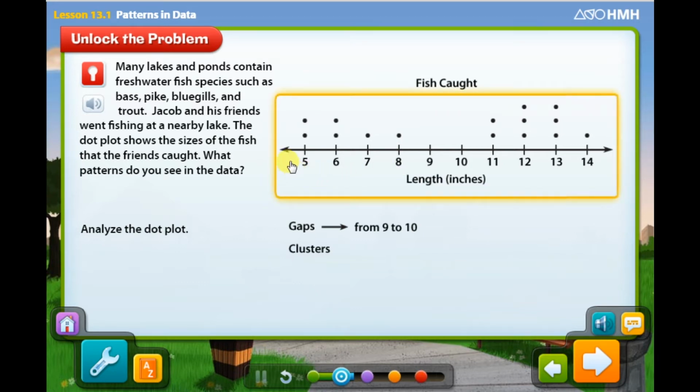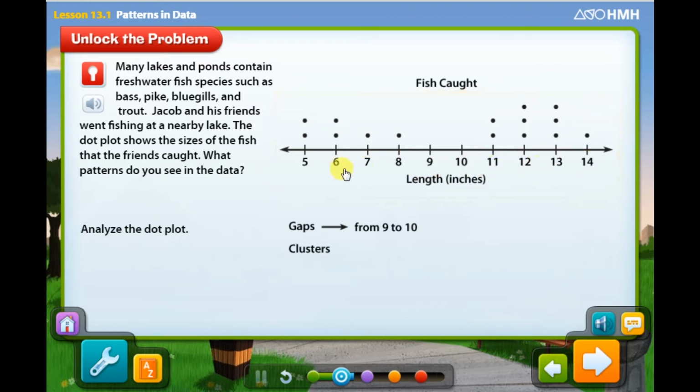So we have 2 groups of data here, so we have 2 clusters. Yes, there's a cluster from 5 to 8 and from 11 to 14. This means that there were no fish from 9 to 10 inches long, and there were 2 clusters of fish measuring from 5 to 8 inches long, and from 11 to 14 inches long.